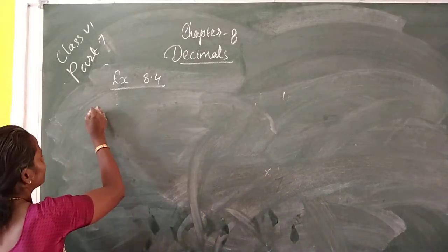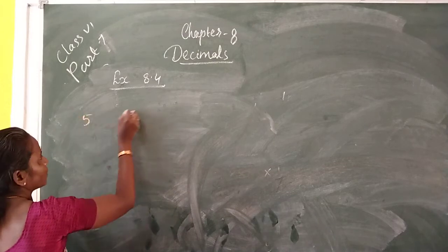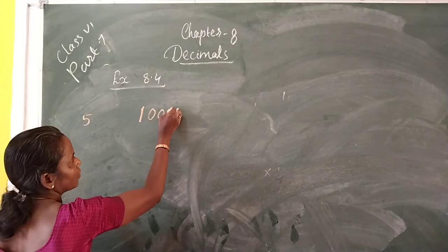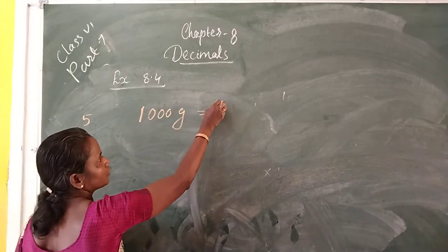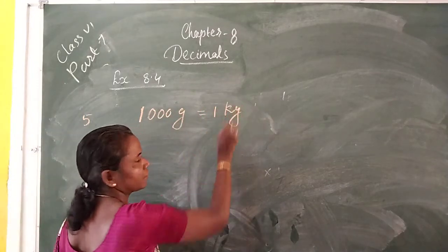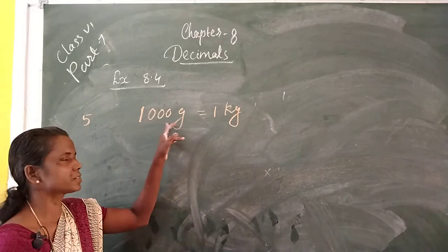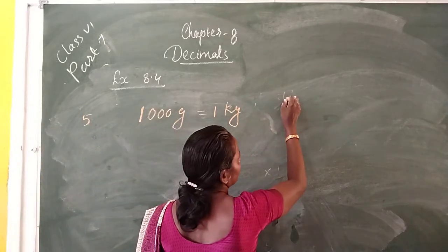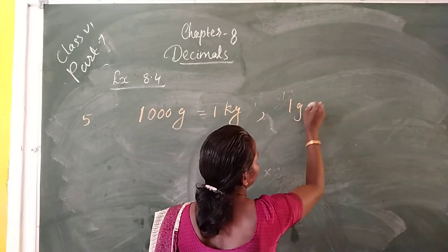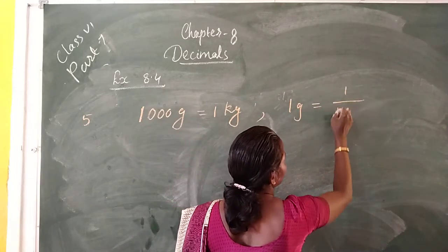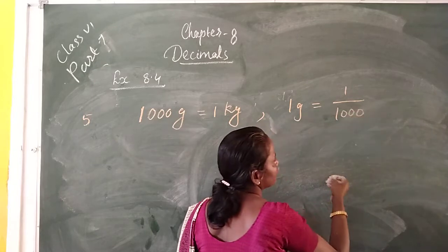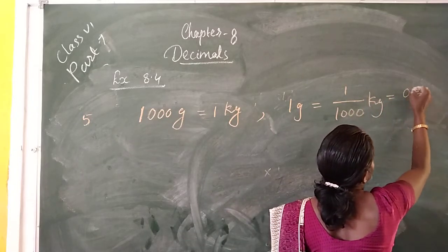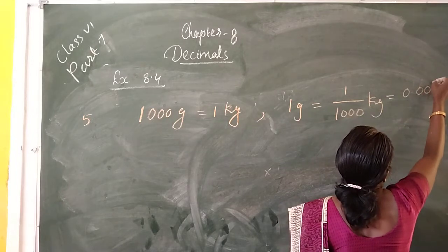We know 1000 gram is equal to 1 kilogram. So 1 gram is equal to 1 by 1000 kg is equal to 0.001 kg.